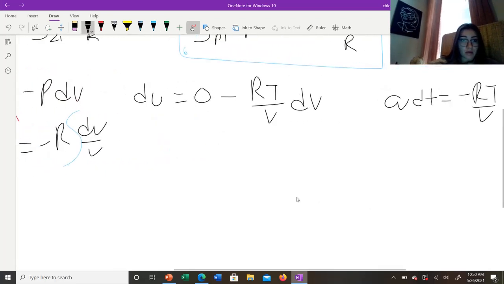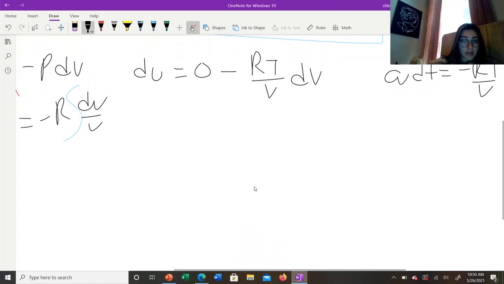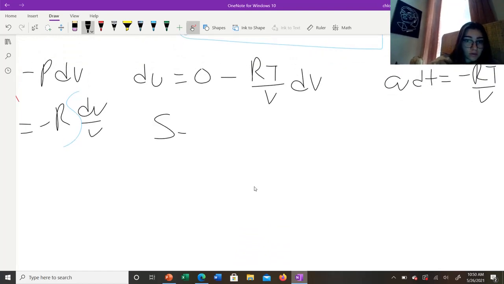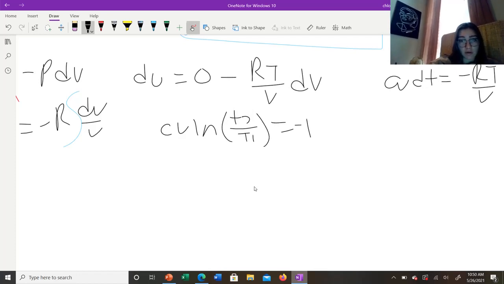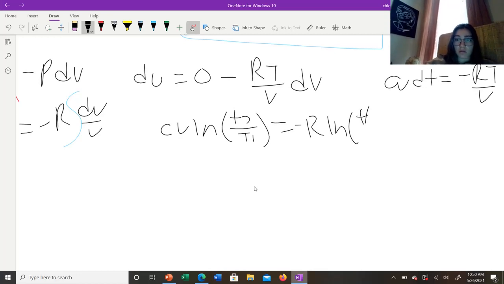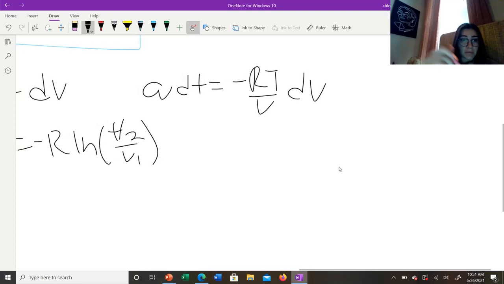So we'll write it as Cv natural log from T1 to T2 equals negative R natural log from V1 to V2. Okay, we're just going to keep going.